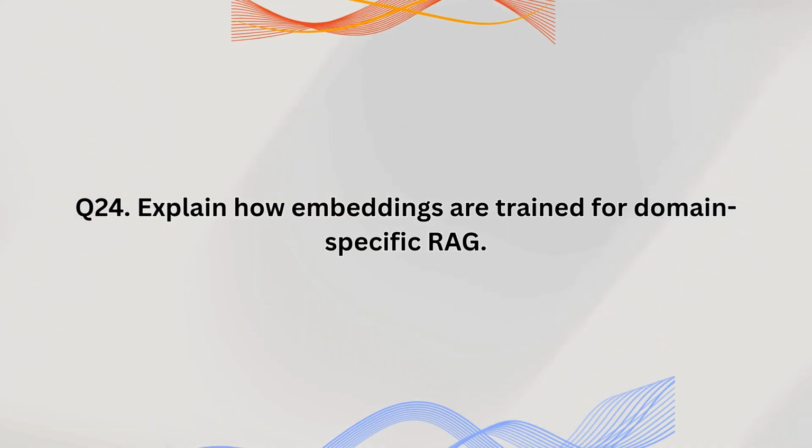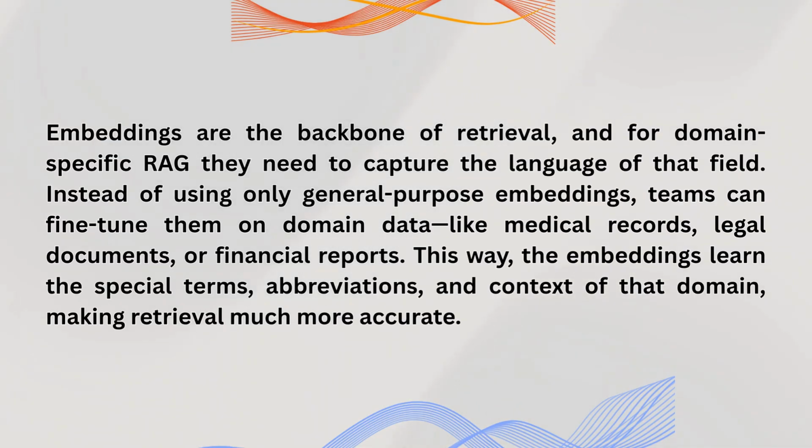Explain how embeddings are trained for domain-specific RAG. Embeddings are the backbone of retrieval, and for domain-specific RAG, they need to capture the language of that field. Instead of using only general-purpose embeddings, teams can fine-tune them on domain data, like medical records, legal documents, or financial reports.